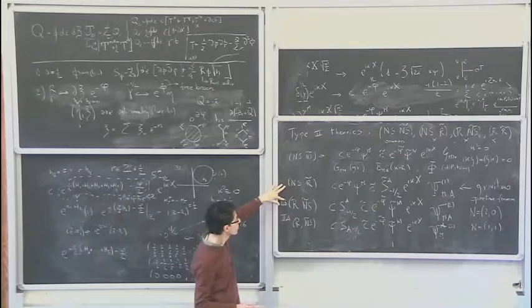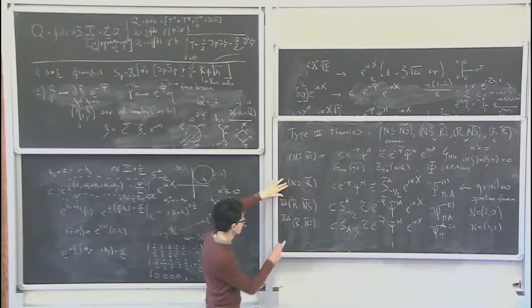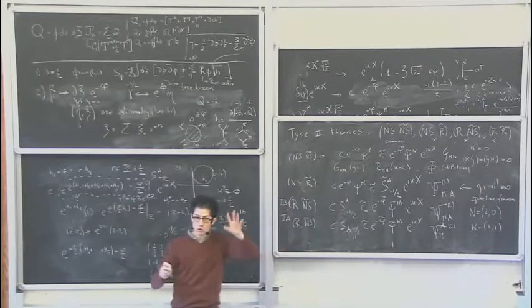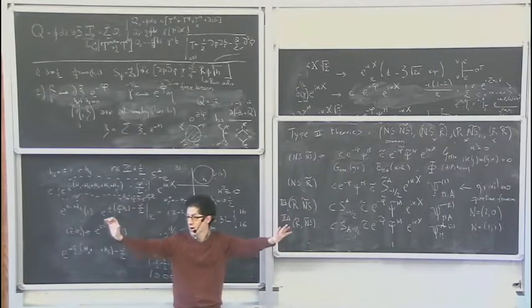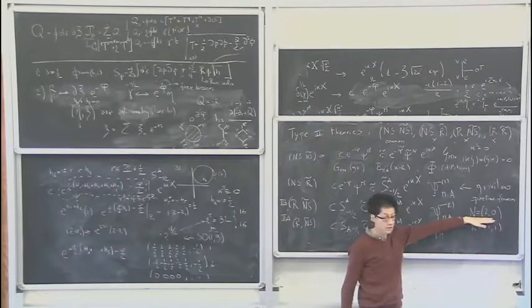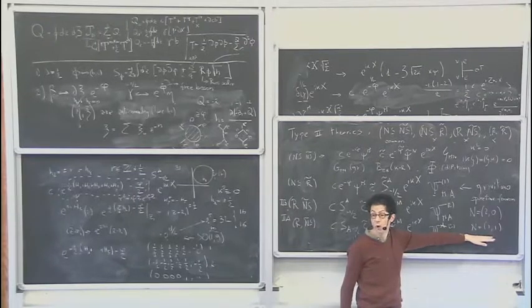Or you make an opposite choice for this one and this one, and then you have type 2A. So you choose the left and the right, either they are equal or they are opposite. If they're equal, then you have a chiral theory in 10 dimensions. If they're opposite, you have a non-chiral theory in 10 dimensions.